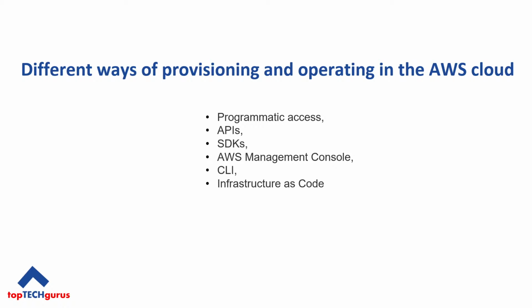So to get into the technology that AWS provides, we have to understand how we provision and operate in the cloud. There are a lot of ways of provisioning and operating in the cloud. Typically, this comes up in different forms of questions, but we can actually do it in these ways.